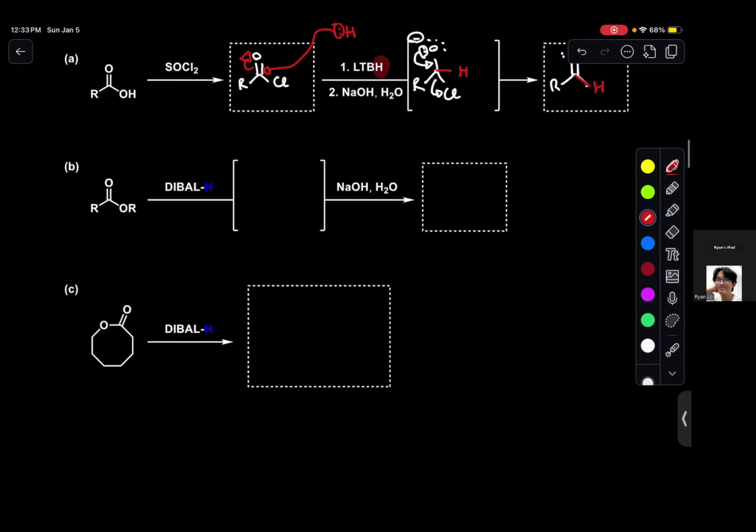Moving on from here, DIBAL has a very, very similar mechanism, very similar vibe. You are going to be reducing this ester over here. Your H is going to pop up onto here, and then you get this.